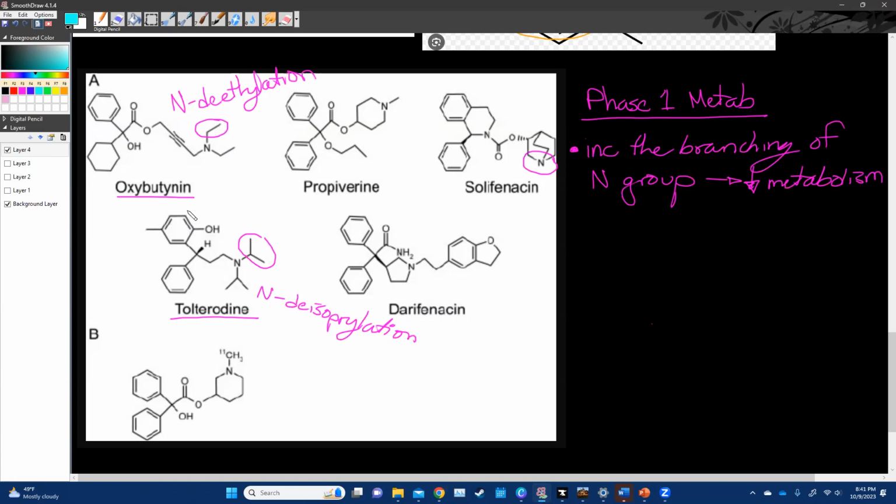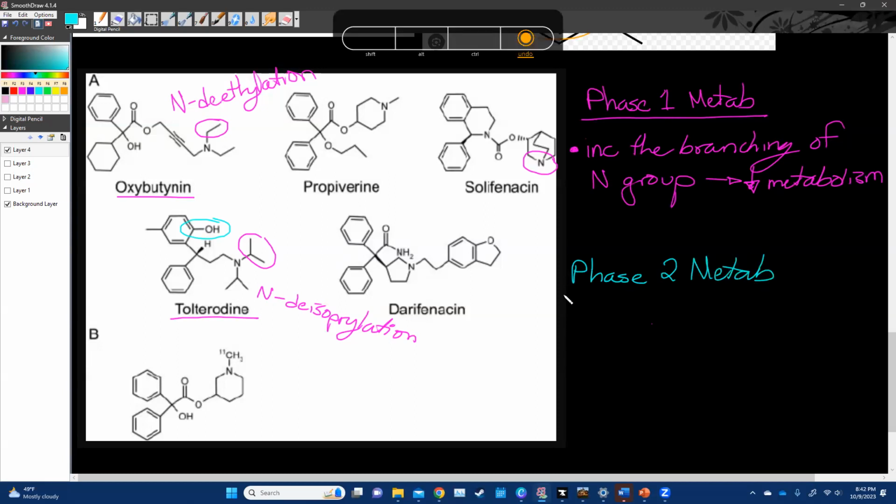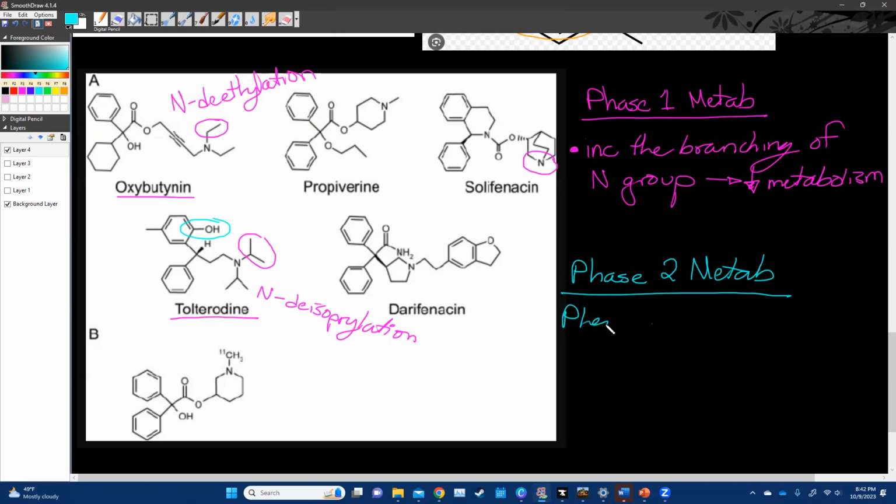Another thing that we should notice about tolterodine, though, is what do we remember about phase 2 and having OH, SH, or NH groups? So the phenol in tolterodine, what is this going to allow? Are we going to be able to do direct phase 2 metabolism on tolterodine? Yes.